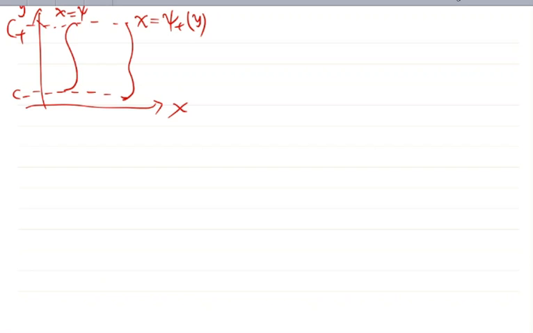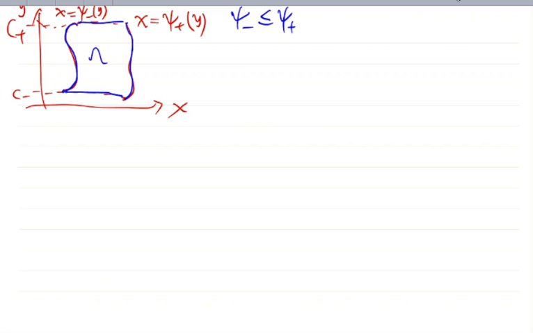If psi minus is always no greater than psi plus, then these two curves also bound a domain in the xy plane, maybe with some horizontal part. So this domain is also a simple domain.